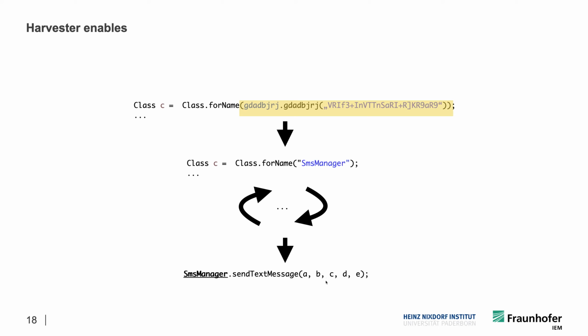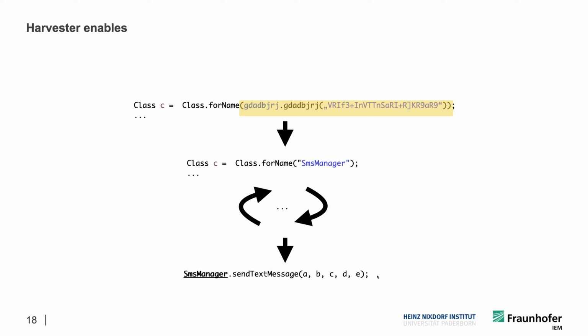So we could figure out that not just SmsManager is being loaded here, but in a later method invoke call, sendTextMessage is actually invoked as well. And then in the reiterated step, we could extract the values out of this call here.